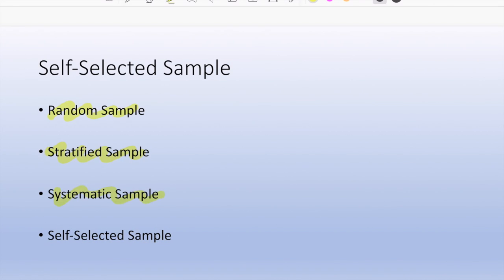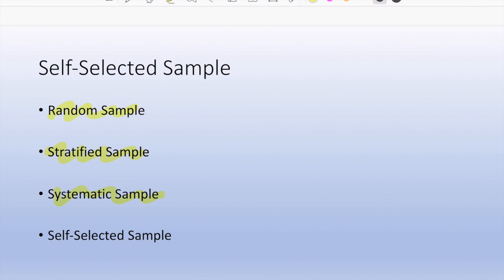But there's one more type of sampling that we haven't covered, and that's self-selected sampling. That's where you can ask for volunteers to answer surveys or volunteers to take a trial in something. So there's no system, there's no name in the hat.